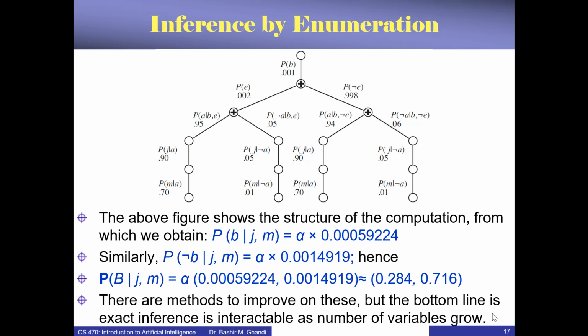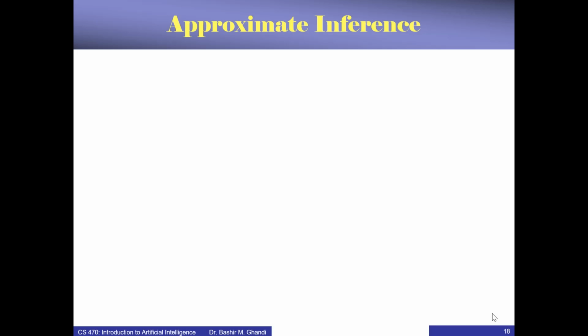But the good news is, in many AI cases, we don't really need exact probabilities. We can get away with an approximate probability that will do just as well. And therefore, the last topic we're going to learn in this lecture is approximate inference.